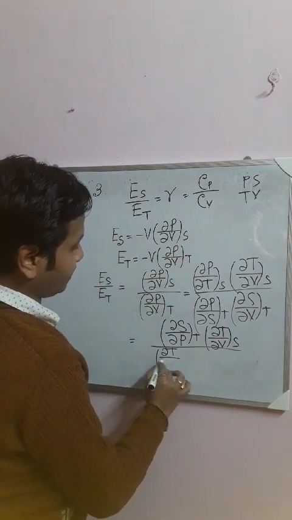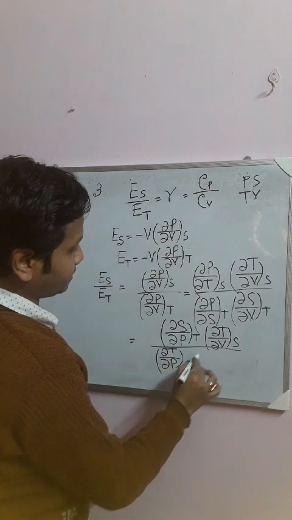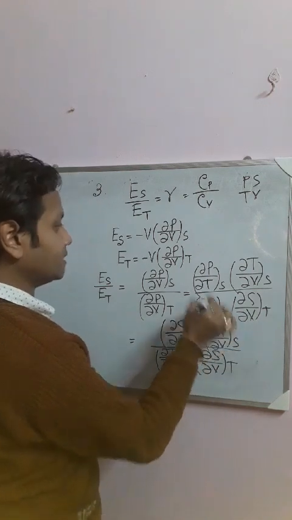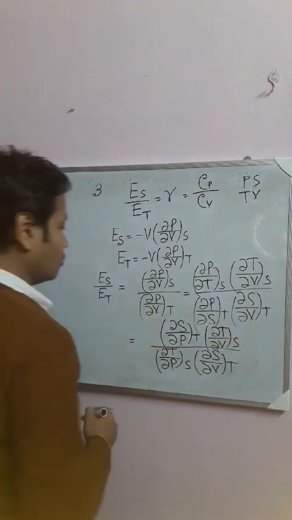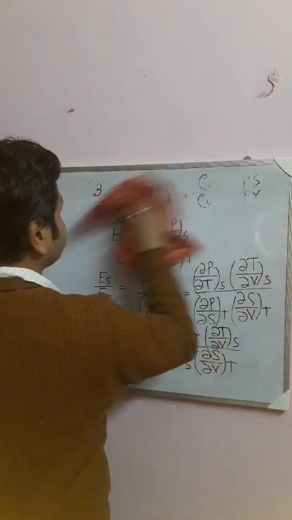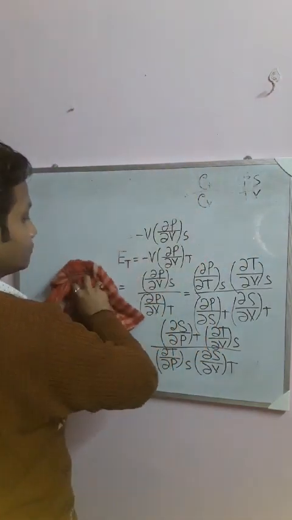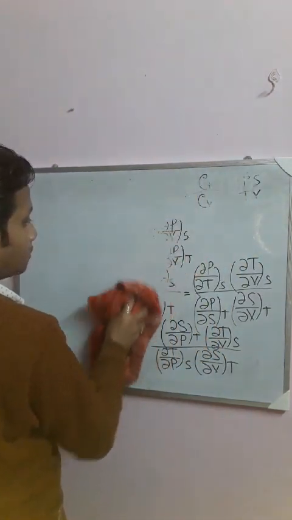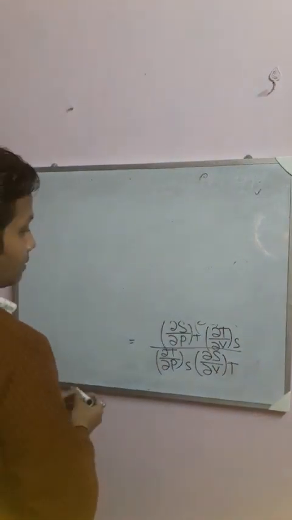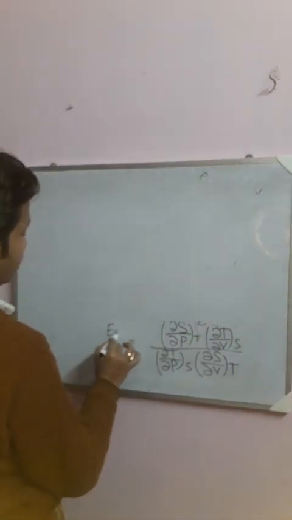So del T del P becomes del T del P at constant S, and this is simply del S del V at constant T. So I take it up and take it down, and this becomes this. So this is my Es upon Et.